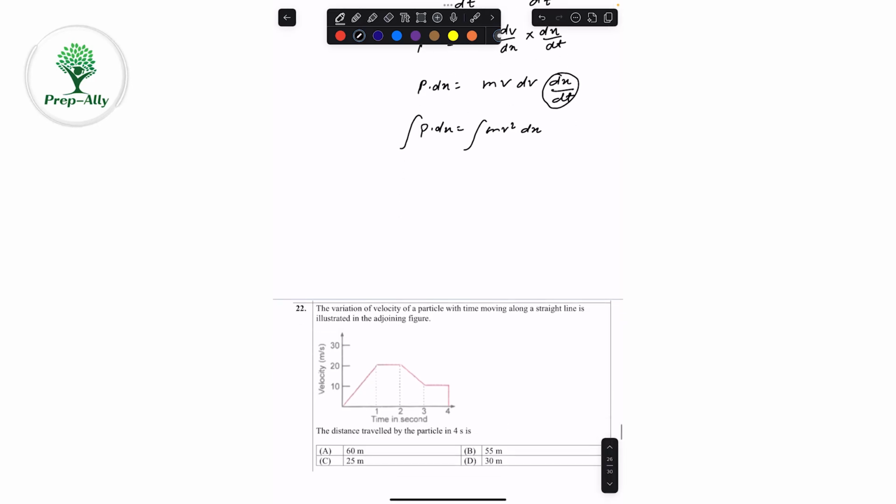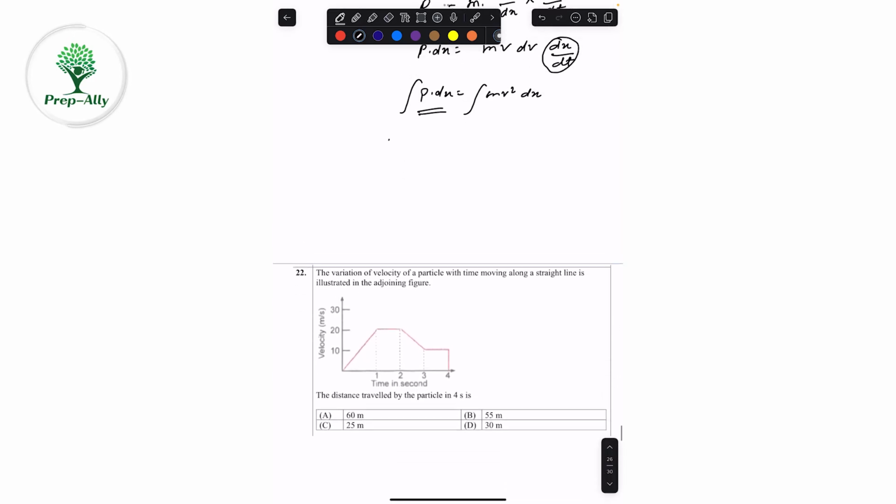Integration, if I do, p dx is integration, which is area under the p-x graph, and it is equal to m v cube by 3 from u to v, which will give me m times v cube minus u cube by 3, is equal to area.